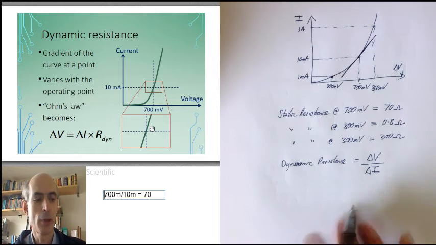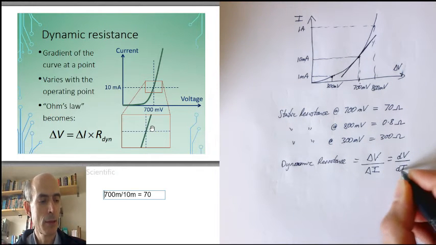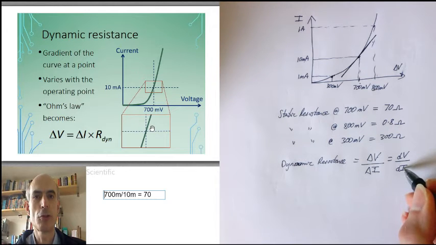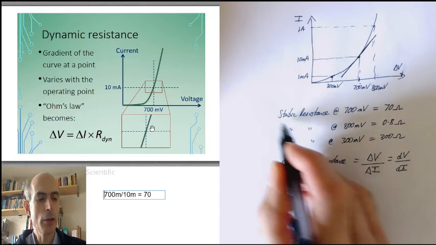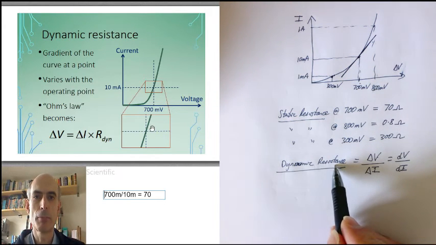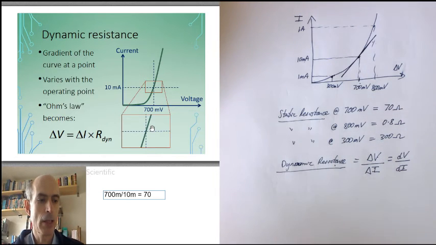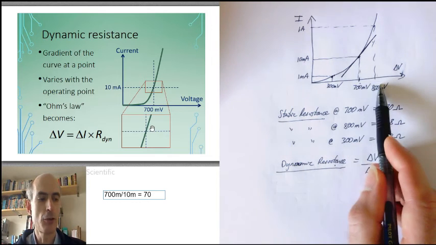For those of you who like calculus, that's dV by dI, the rate of change of the voltage with current at the particular operating point. Neither of these two quantities are constant. They both vary as the current through the component or the voltage across the component change.